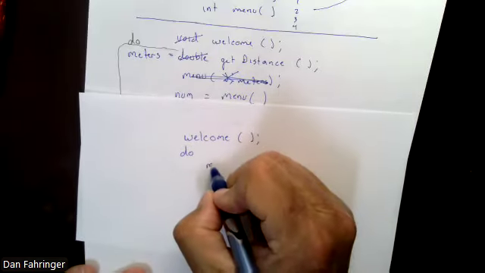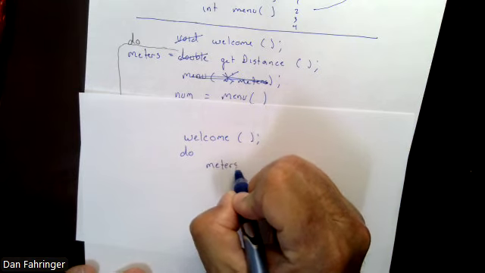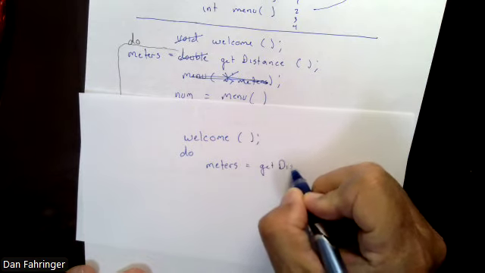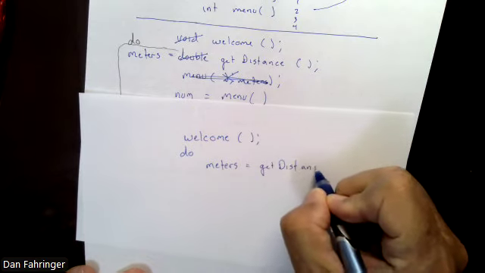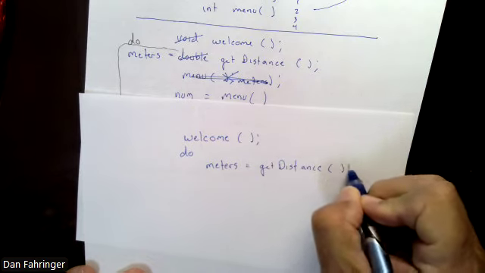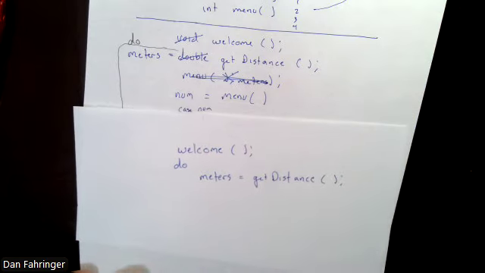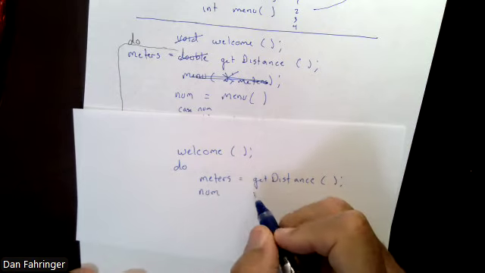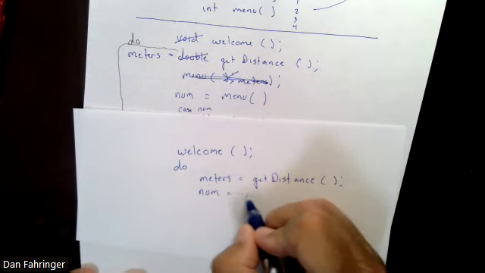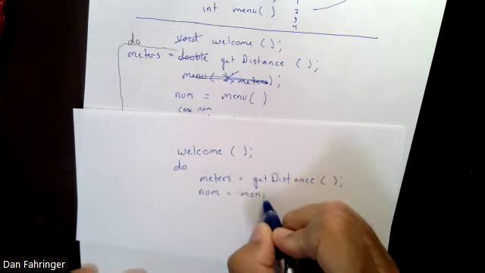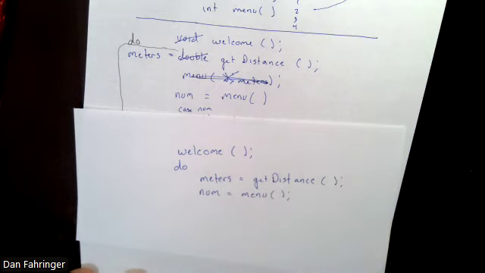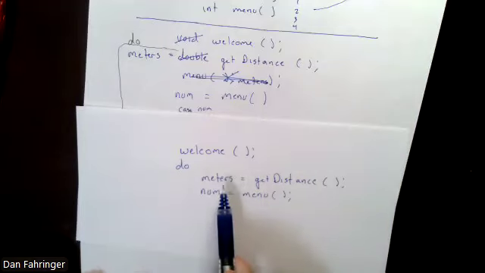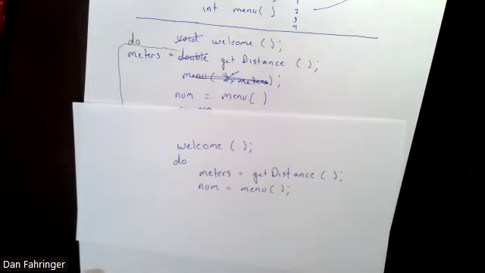I'm going to find out how many meters there are, equals get distance. Then I'm going to ask for a num. The num is going to say, hey, go to menu and return a value. Go to distance, return the number of meters. Go to menu, return that.